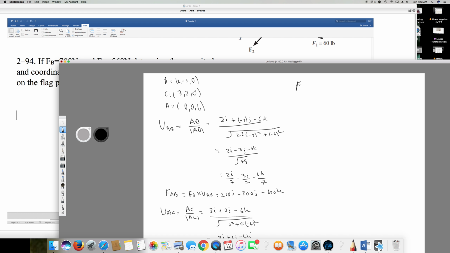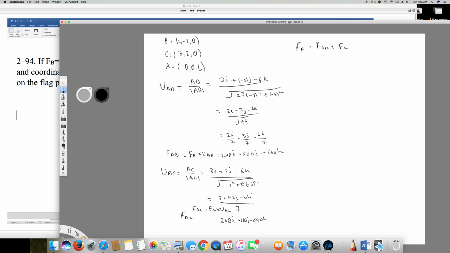So FR is going to be equal to FAB plus FAC. We have to add I with I, J with J, K with K. So it's 200I plus 240I, which is going to be 440I. And this is minus 300J, and this plus 160J.